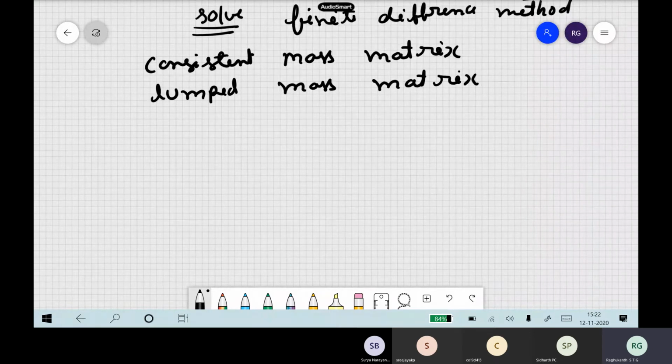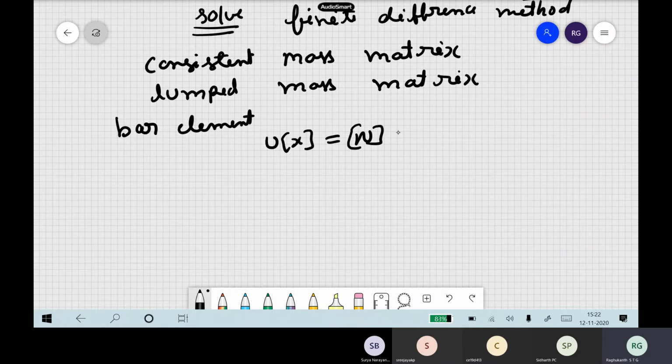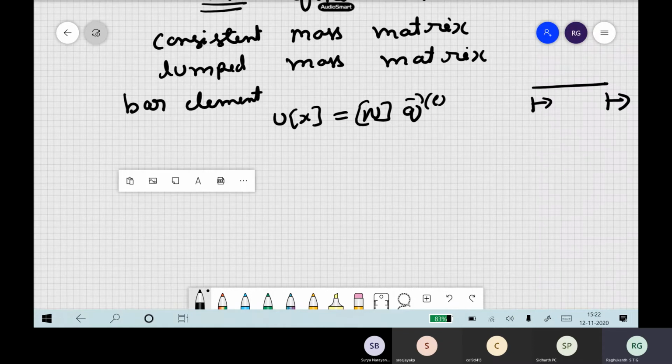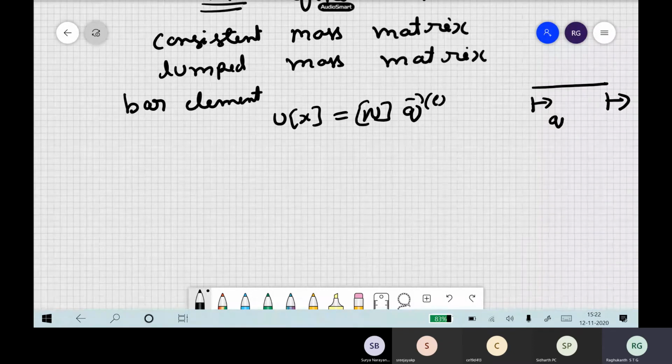For example, if you take a simple bar element, which we did last class, the first one, which is a simple alpha 1 plus alpha 2 times x itself. That simple element we can write as N into q. So this is a simple bar element. You have only 1 degree of freedom at each node, which is q1 and q2. So we write u as alpha 1 plus alpha 2 into x.